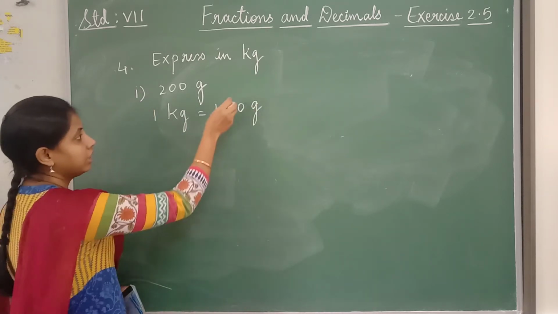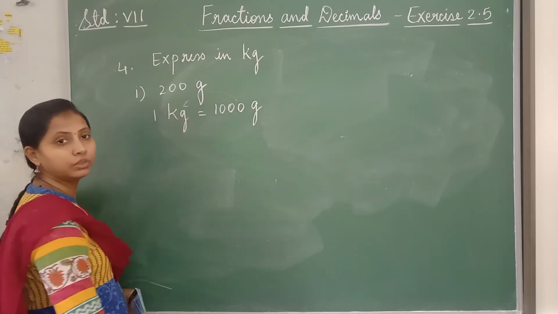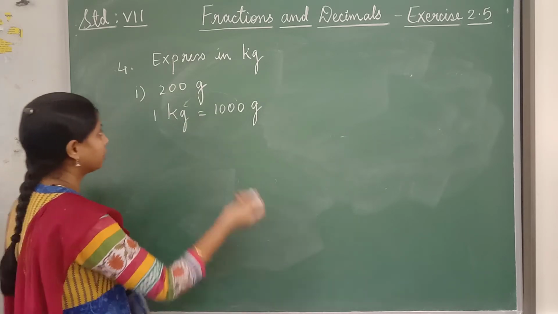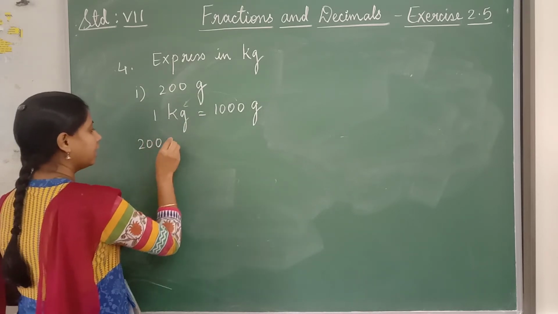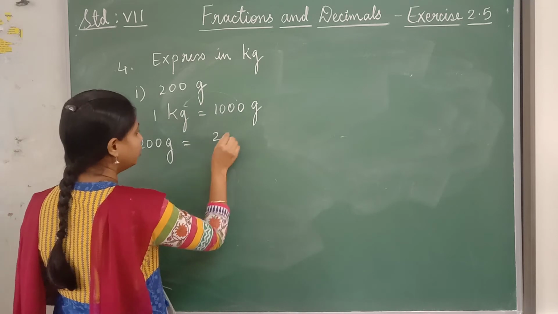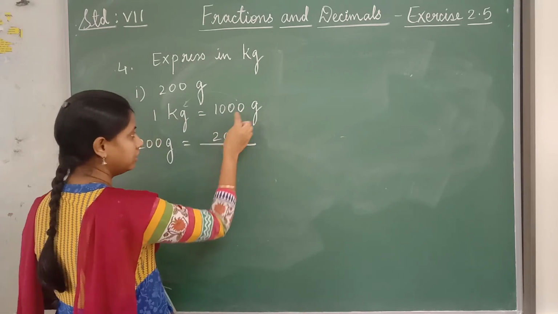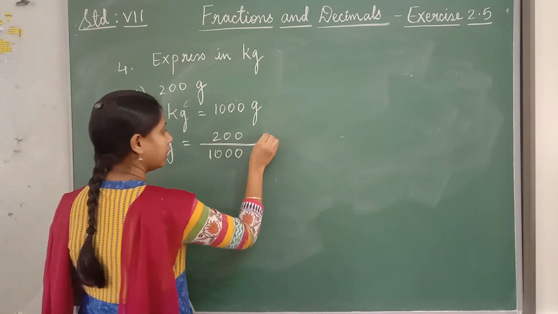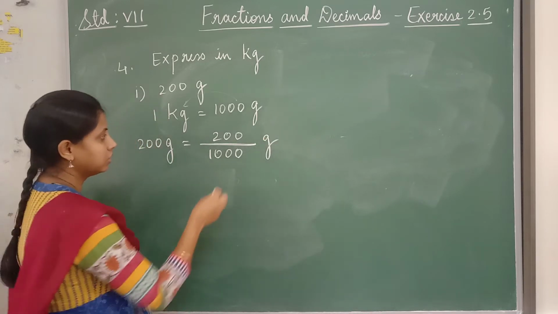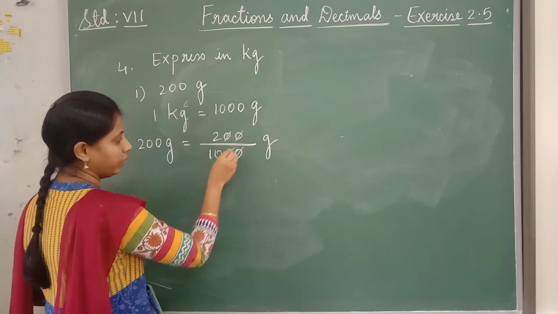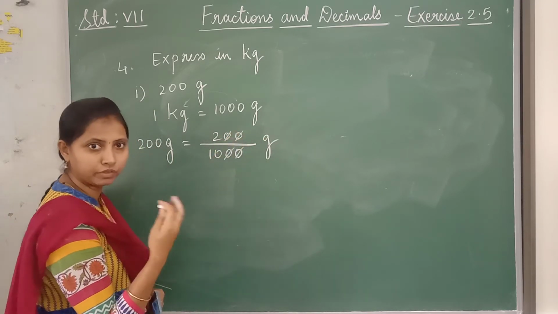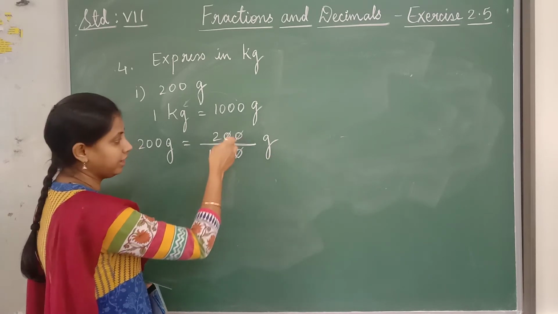So when you are converting grams to kgs, you have to divide. So 200 gram will be equal to 200 upon 1000. Here zeros you can always cancel. In the numerator and denominator, if zeros are there at the end, you can cancel.